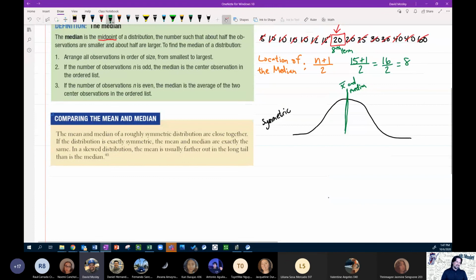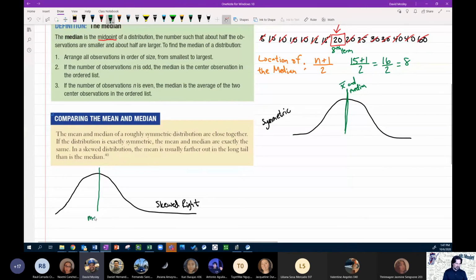All right. And now we also do have skewed distributions. If I have a distribution that looks something like this, it's skewed to the right. Skewed right. Then our median is most likely still going to be somewhere close to that peak.